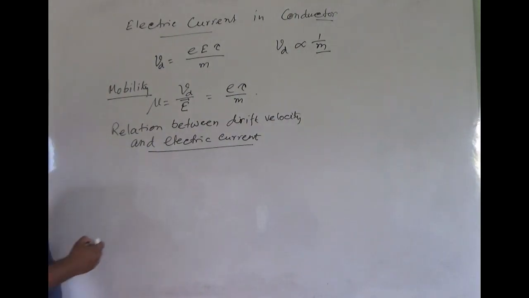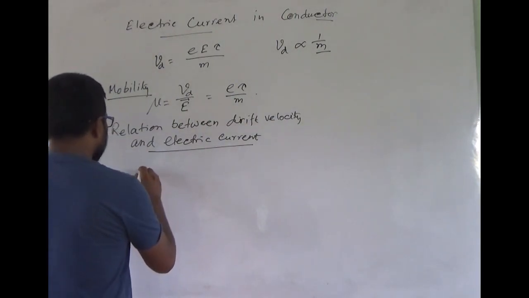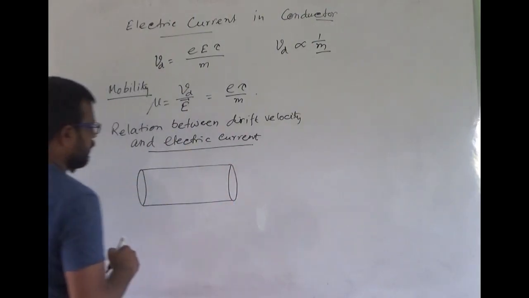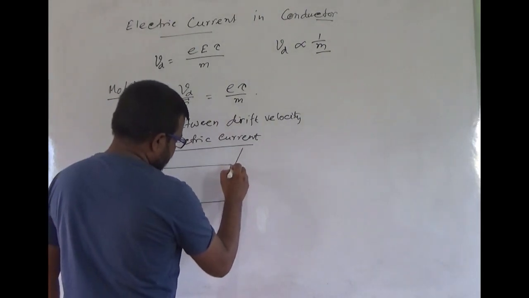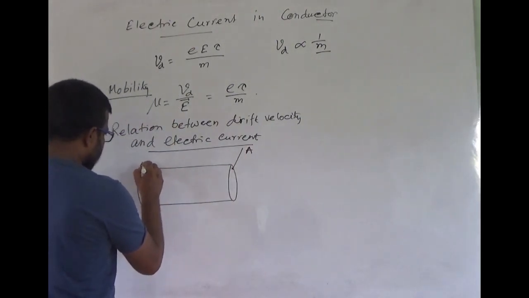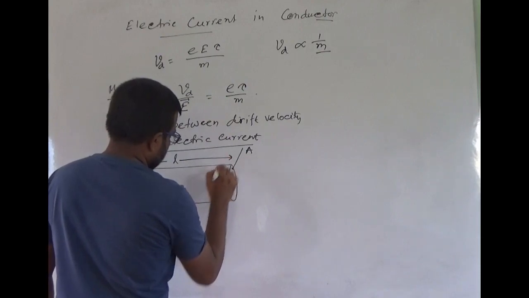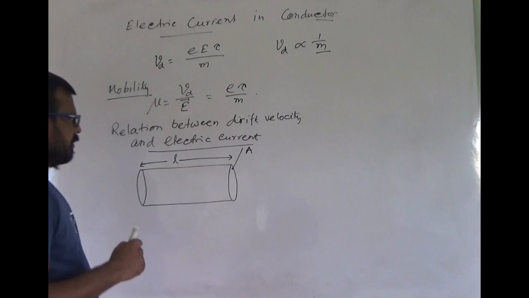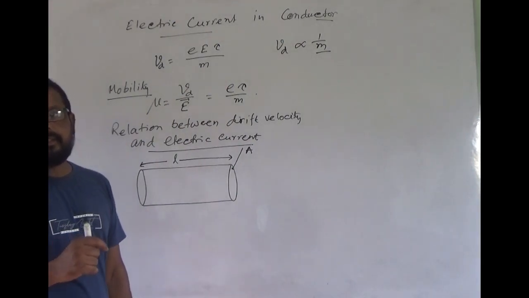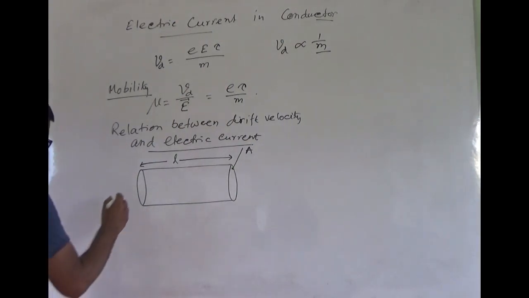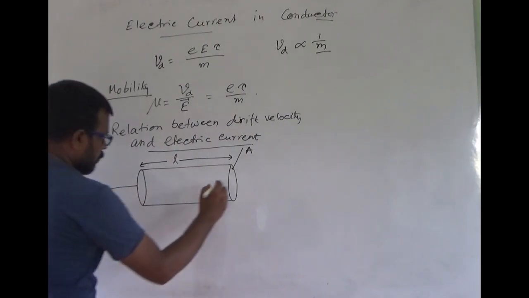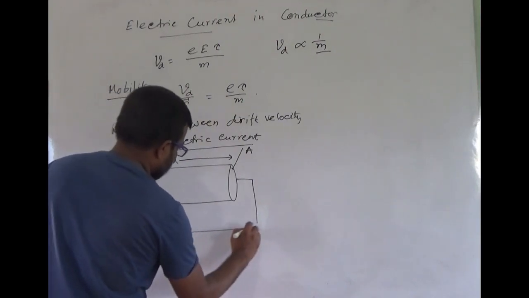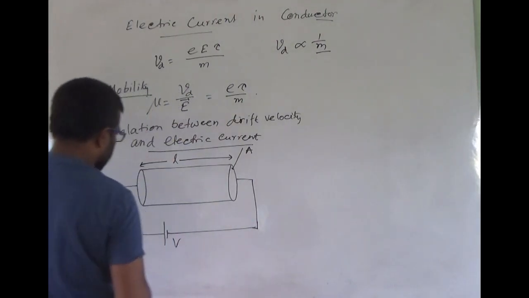Let us consider a cylindrical metallic conductor of cross-sectional area A, length L, placed in an external electric field. We provide a potential difference V across the material.